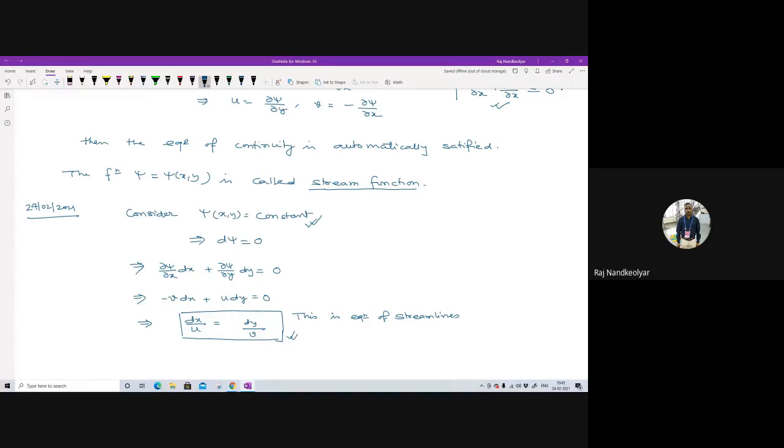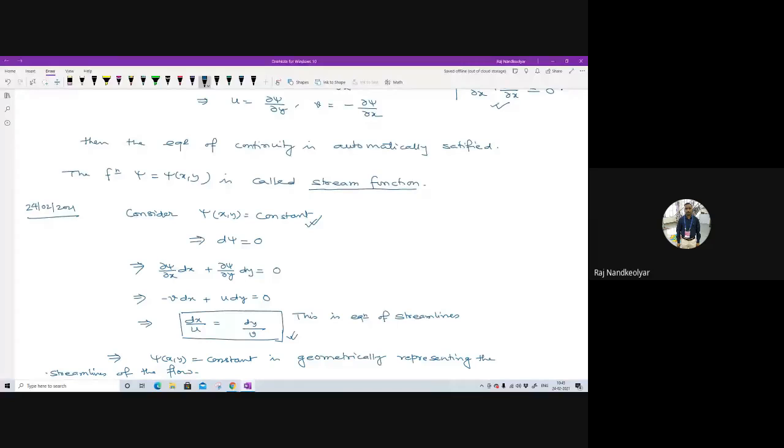So this means psi(x,y) equal to constant is geometrically representing the streamlines of the flow. Is that fine?